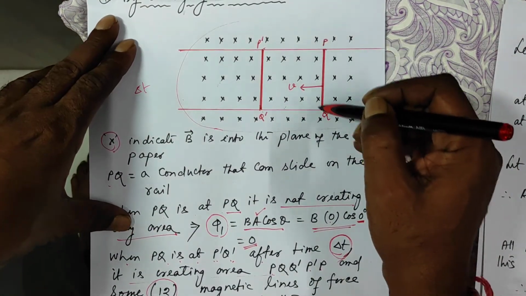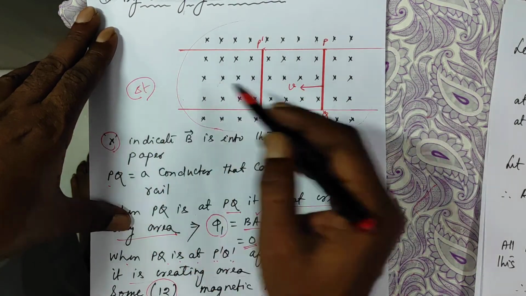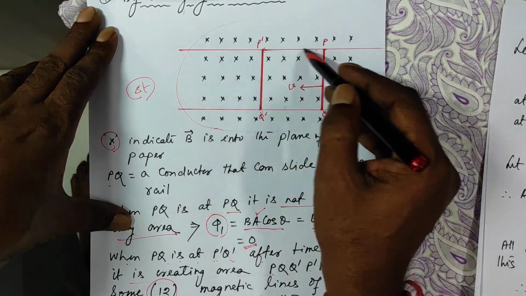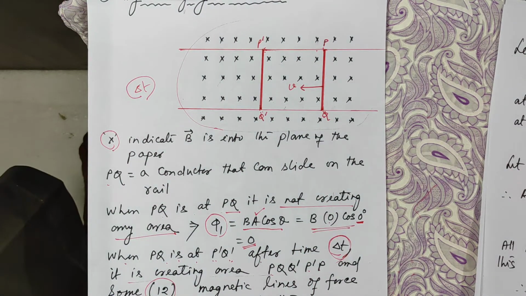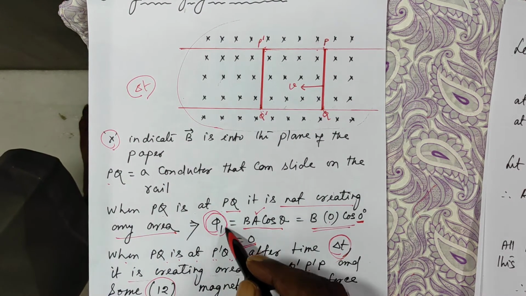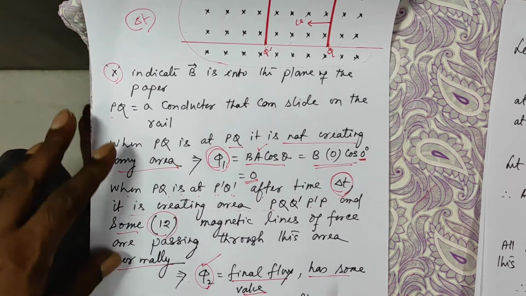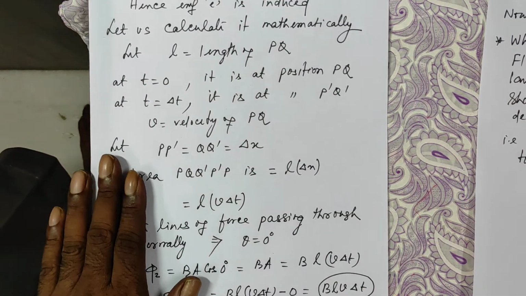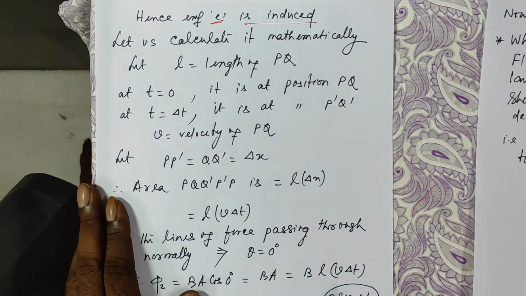When PQ is at P dash Q dash, after moving with velocity v for time delta t, it creates an area PQ, Q dash, P, and through this area some lines of force pass normally. So initially there was no flux, now there is some flux, so there is a change of flux, and hence EMF E is induced.